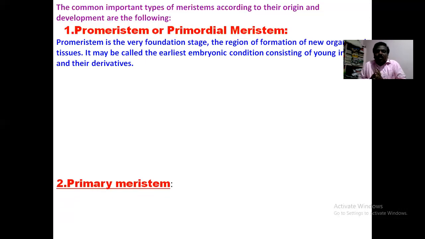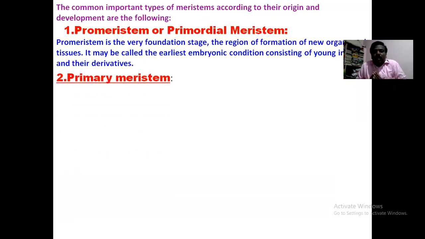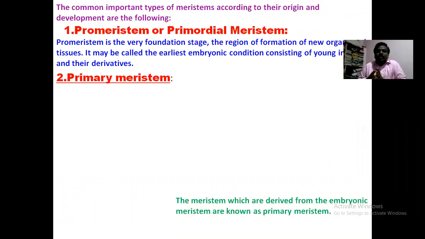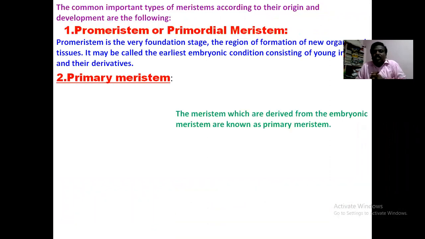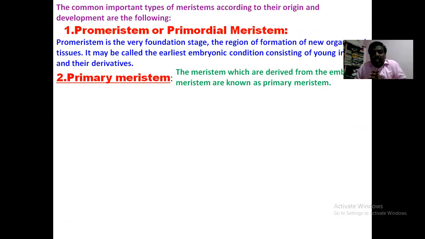The second one is primary meristem. Primary meristem is derived from the embryonic meristem, that is, from the promeristem or primordial meristem.